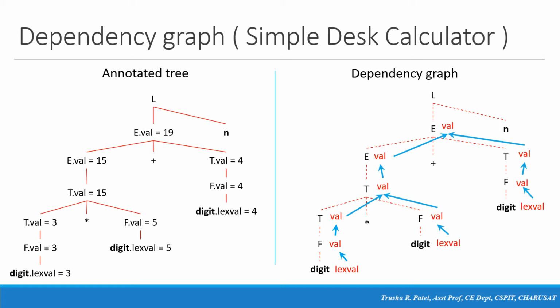So these blue color arrows indicate the dependency graph for this example.